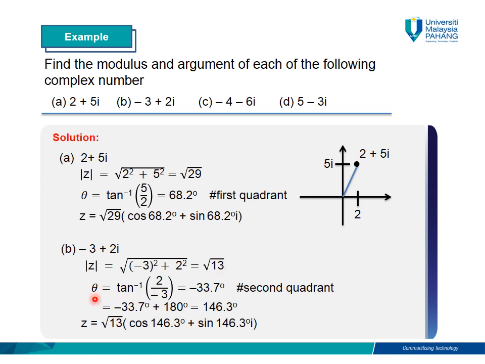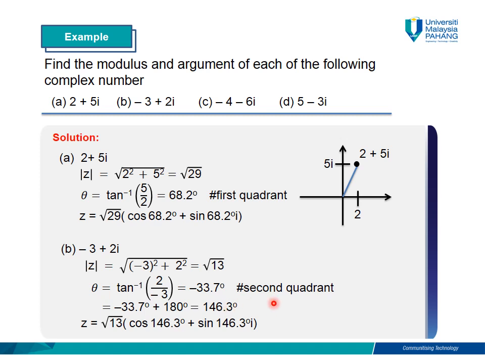And then we find the arg z, so theta. Here is the example that uses a negative number for x. Arctangent 2 over negative 3 will give negative 33.7. Then that's why you add 180 degrees, and you get this value.